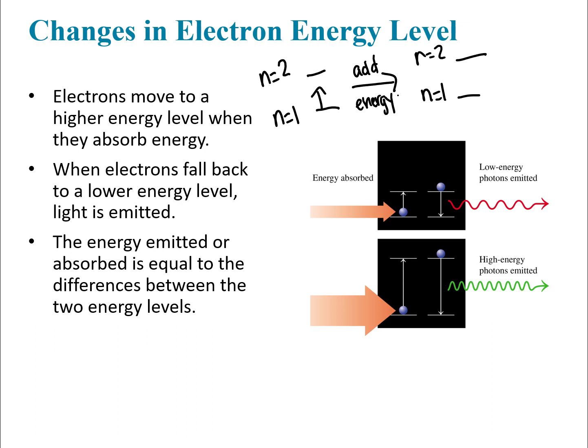That means that the electron is going to absorb energy. But let's say that electron says, I'm tired of being in n equals 2. There's nothing fun up here anymore. In order for that transition to happen, we have to have energy emitted or released.